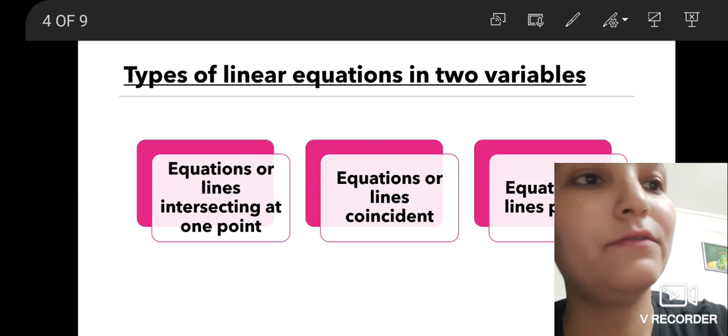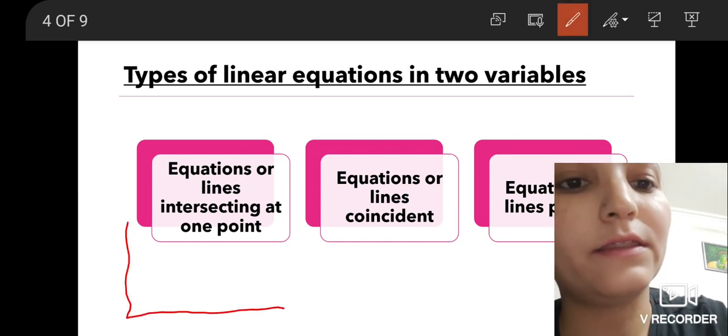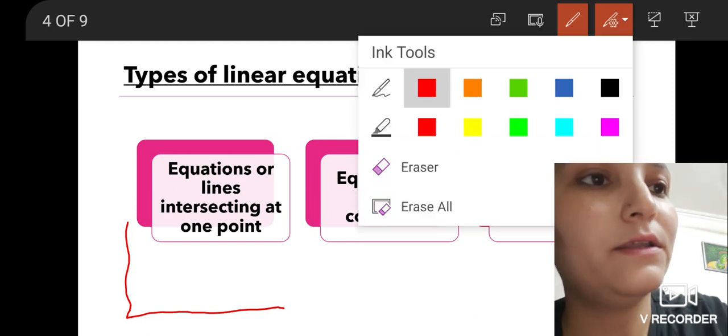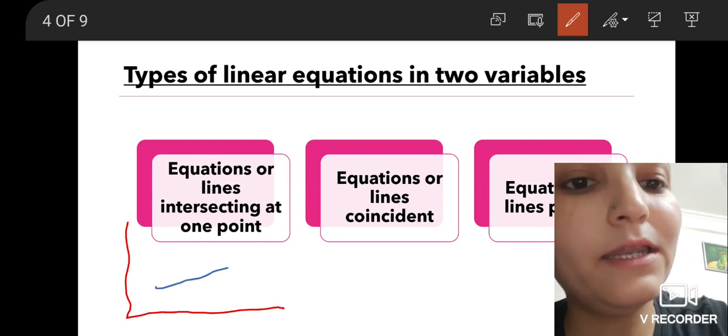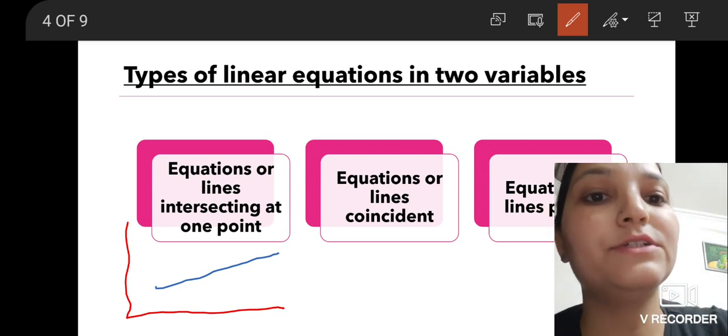If you have a graph like this, then you have two equations. One equation makes a line; every equation has a line.